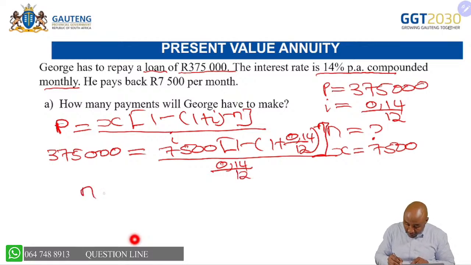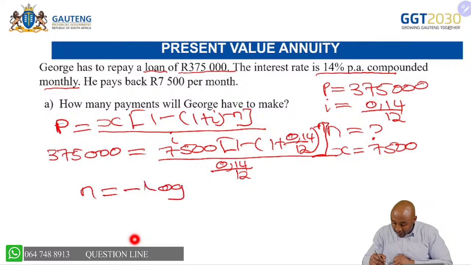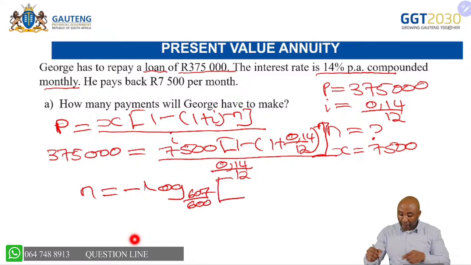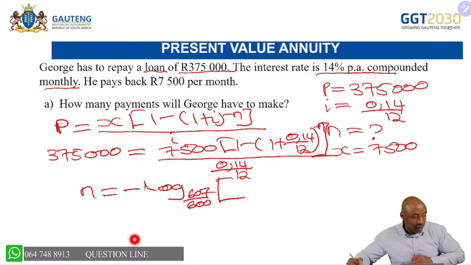Remember, we said after rearranging, we got N is equal to negative log of 1 plus 0.14 over 12, which simplifies to 607 over 600.